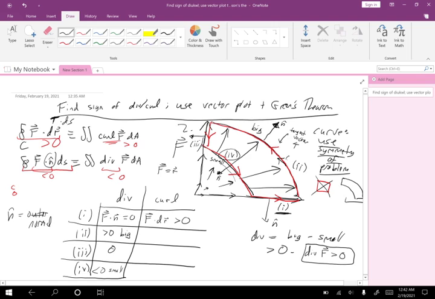This is actually in the theta direction, whereas the normal vector is pointing outwards in the r direction. So really this is just 0. The dot product should be 0, clearly. And this will actually be the same thing for curve 4. So the only tricky one is curve 3. Remember, the tangent vector is pointing downwards, and f is pointing upwards.